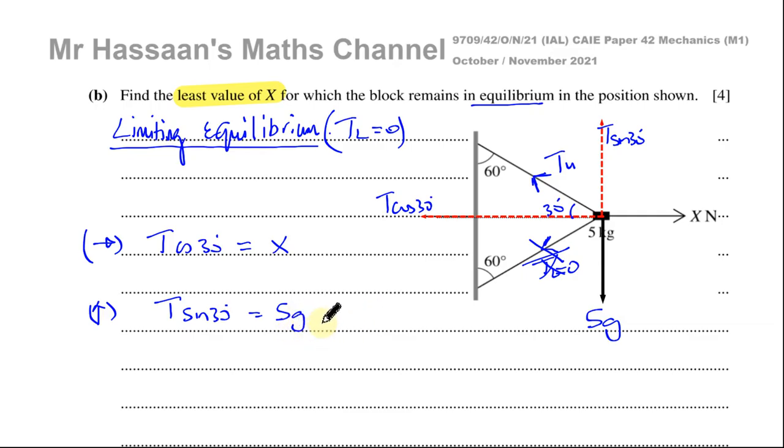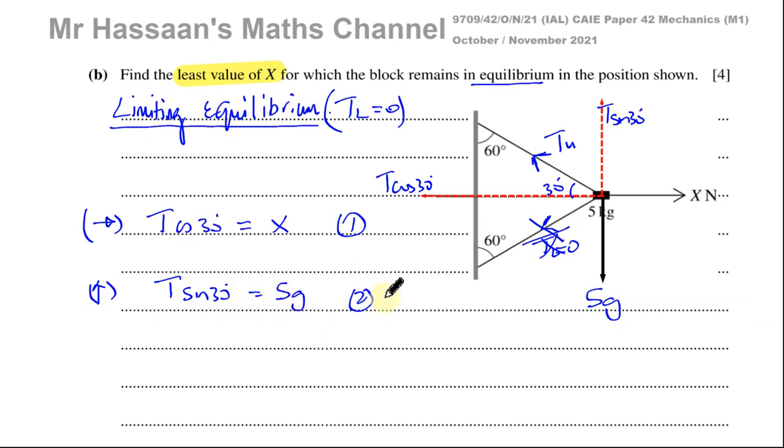Those are the forces that we can consider. This is now 0. So we want to find what x is. We can eliminate t in a few different ways. We can use substitution. I can make t the subject. Or I could even divide the two equations and I'll end up with tan 30 equals 5g over x. That's another way of doing it.